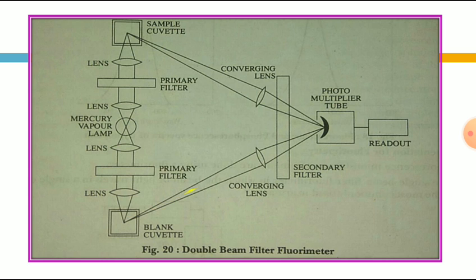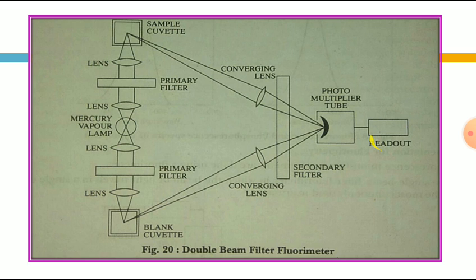The emitted light will come through this converging lens and fall on the common secondary filter, and both the lights coming from the sample as well as the blank will reach this detector, that is the photomultiplier tube. Finally this detector will show a signal that will be read on this readout device.